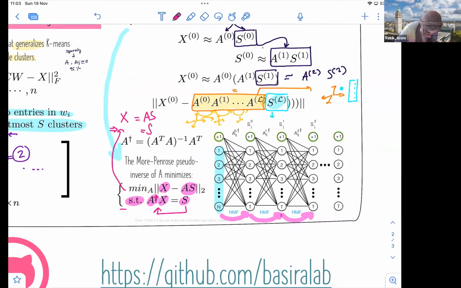you need to multiply by the inverse. I multiply by the inverse of A, and this will nullify, and then this is what we're after. Every time we keep on decomposing in a deep way, sometimes A will not be invertible.